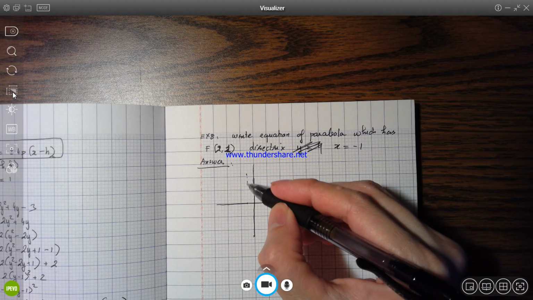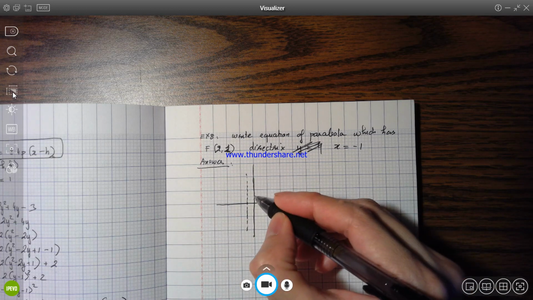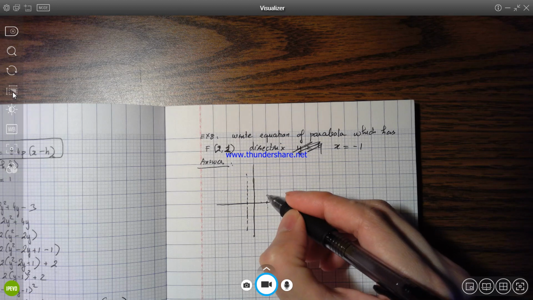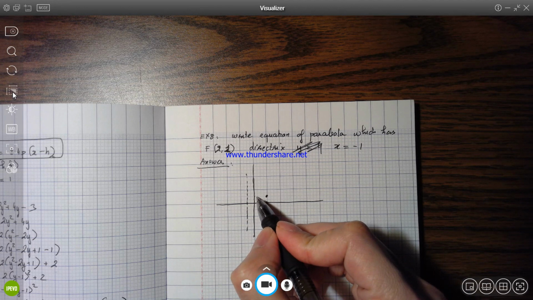F is right over here. And you know that the vertex is always between the directrix and the focus. It means that the vertex must be somewhere right here.